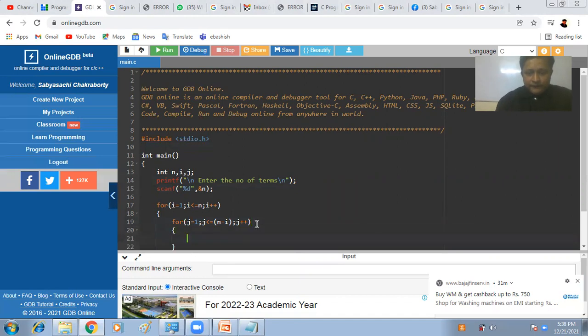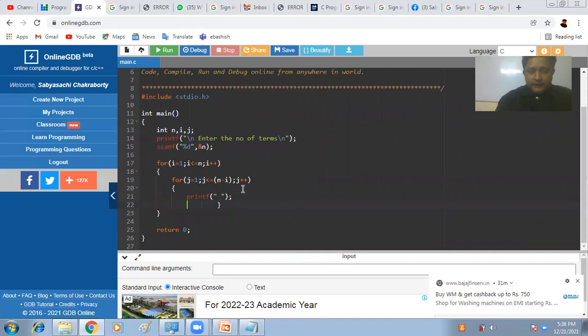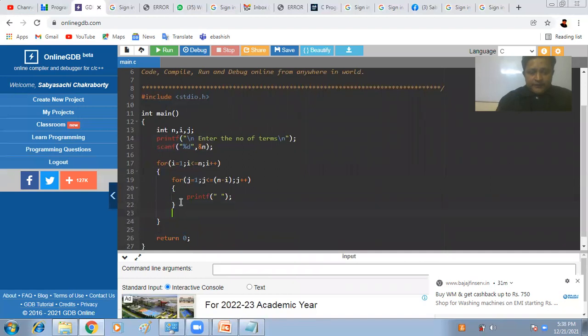What we have? Printf, for printing the blanks. After that, the next loop will print the pyramidal structure, that is 2 into I minus 1.